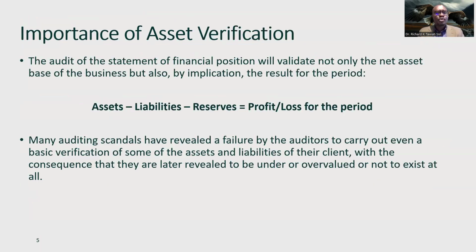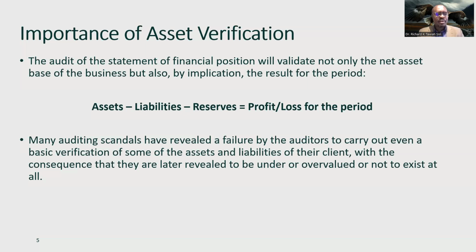You know your accounting equation, right? By implication, audit of financial statements will validate only the net assets base of the business, but also by implication, the result for the period. Okay, so we need these at least to satisfy our accounting equation, the golden rule, right?